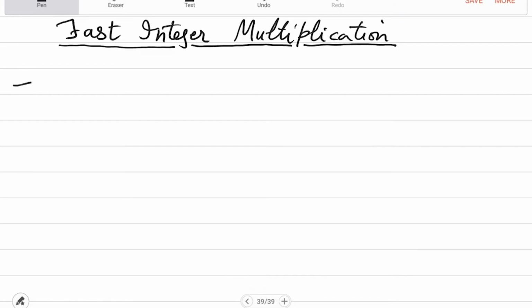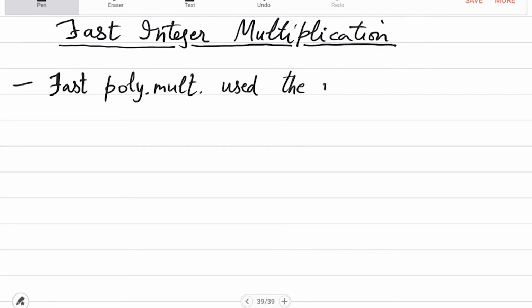So fast polynomial multiplication. Use the viewpoint of evaluate the polynomial and then multiply, the DFT.